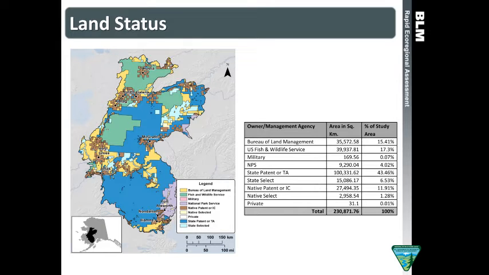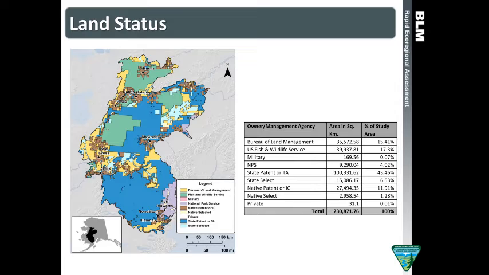This is a general land status map. I'm quickly sharing a few results, which we will go into in more detail this afternoon. This is the land status map that Jamie was showing earlier. Here we have areas in square kilometers for each of them, and sometimes it is not ownership, it's just the management or regulatory authority that these agencies have. Sometimes it's ownership, and it gets a little tricky to get our heads around when it comes to state patent or TA and state select.